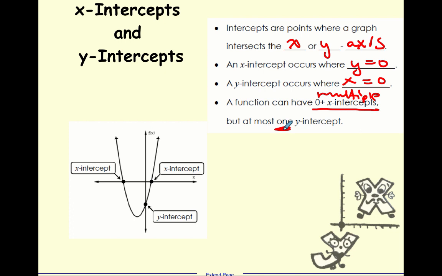Let's look at this graph where we have a parabola. A parabola has two x-intercepts and one y-intercept, because it crosses the x-axis twice, but only once on the y-axis. If we had a graph that crossed the y-axis twice, it wouldn't be a function because it wouldn't pass the vertical line test.